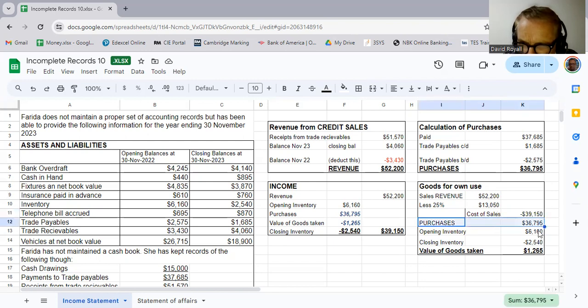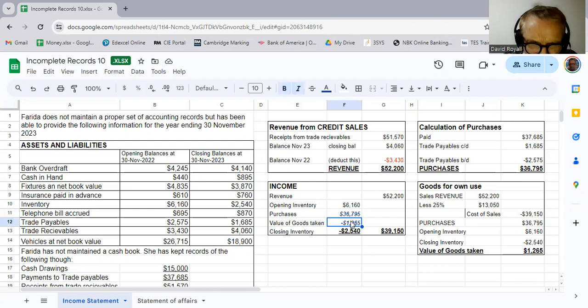And we actually bought 36,795. That's what we got there. So with the opening and closing inventory, we are short on goods of 1,265. That's where that figure came from. So opening stock plus purchases minus closing stock less what he took, we've now got an income of 39,150. There we have it.